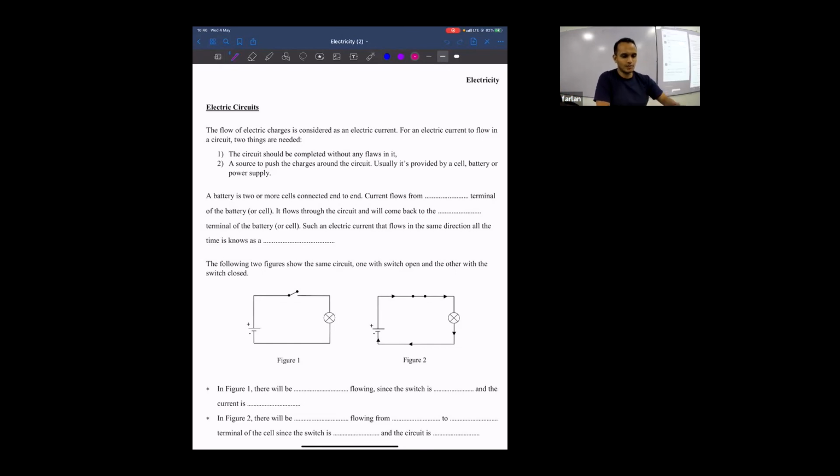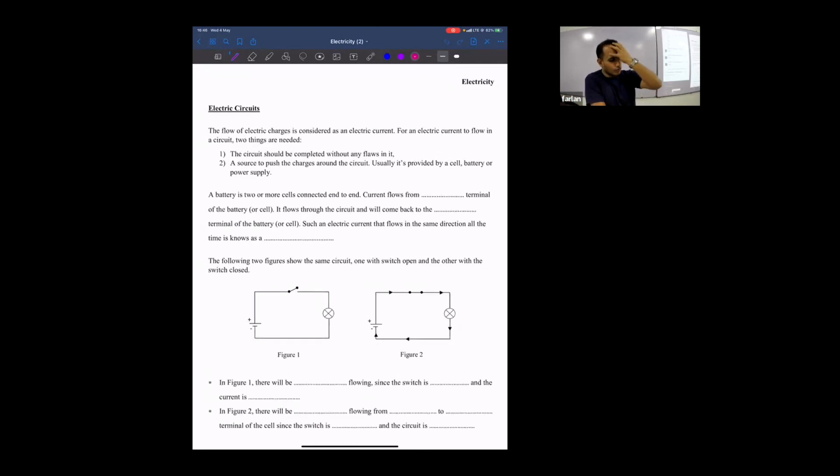Okay, now listen. So, guys, what is an electric circuit? The flow of electric charges is considered an electric current. For an electric current to flow in a circuit, two things are needed. What and what? Wires and an electric source. Number one, the circuit should be completed without any breaks in it.